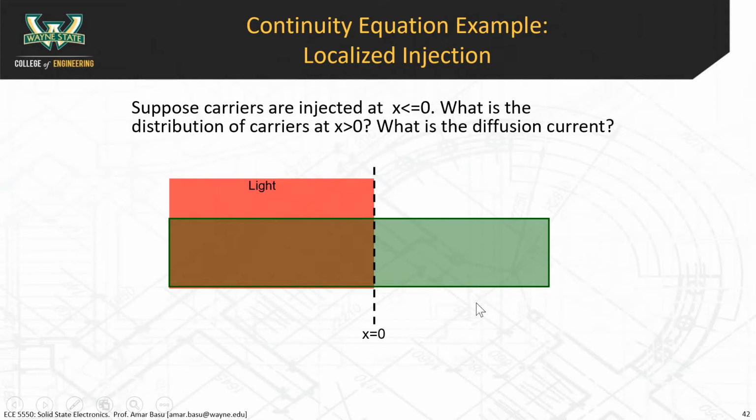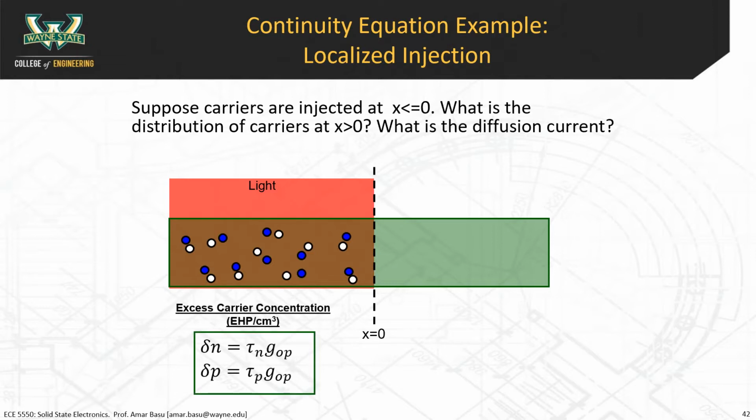You're generating electrons and holes here, and those excess electrons and holes are going to want to diffuse over to the other side. They're all going to want to go this way. They diffuse from high to low concentration. We'll get into the equation on the next slide. I wanted to just focus on the qualitative concepts here because I think that's important.